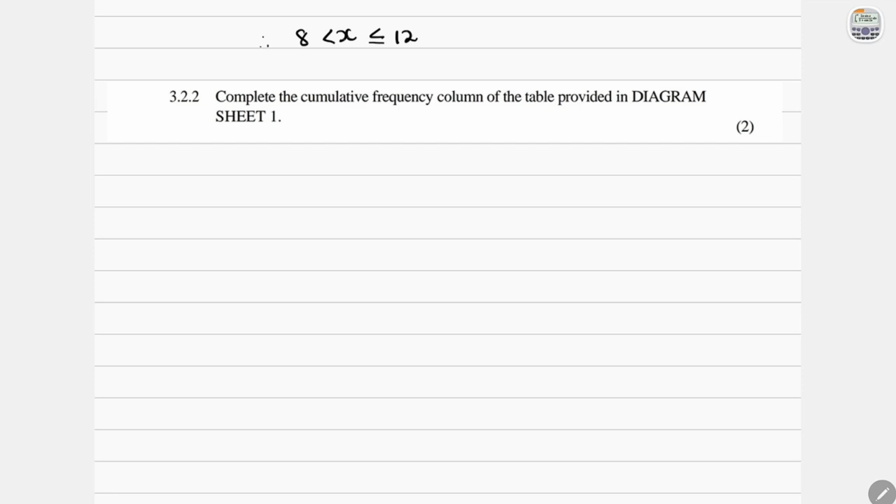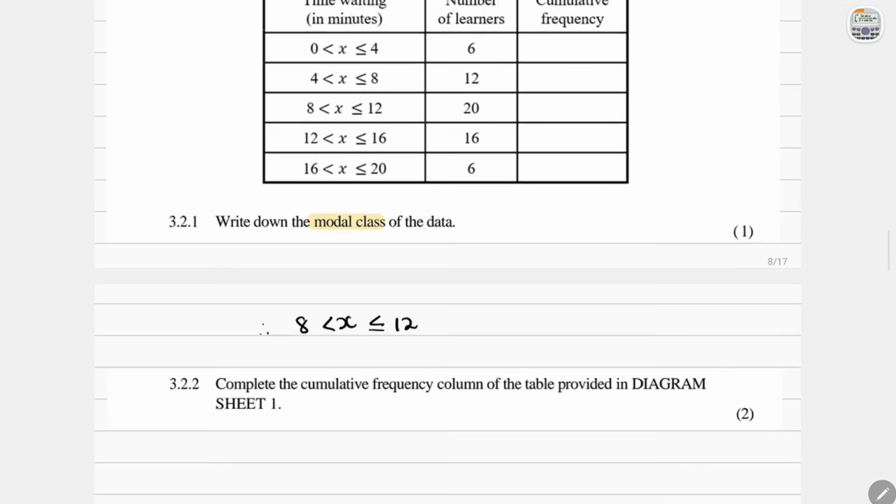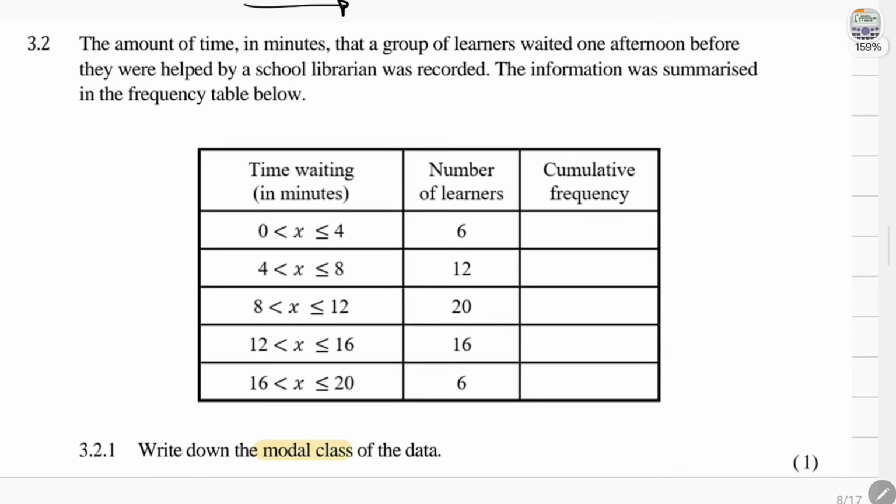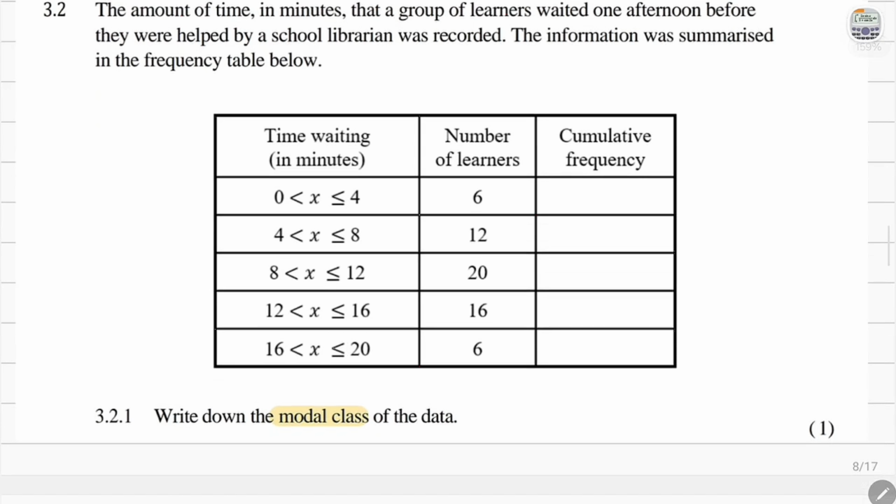Question 3.2.2 says, complete the cumulative frequency column of the table provided in diagram sheet 1. Okay, so just cumulative frequency. Let's go. So the cumulative frequency is just accumulating the frequency. So we're just adding the frequency. Here we have 6, so that's the only number we have. So we'll just leave it as 6.